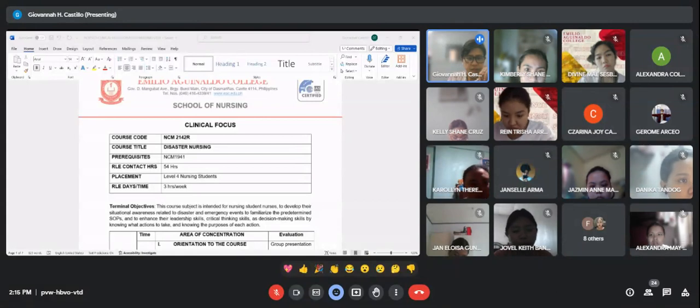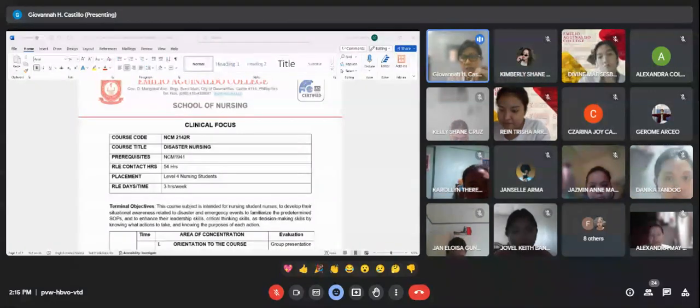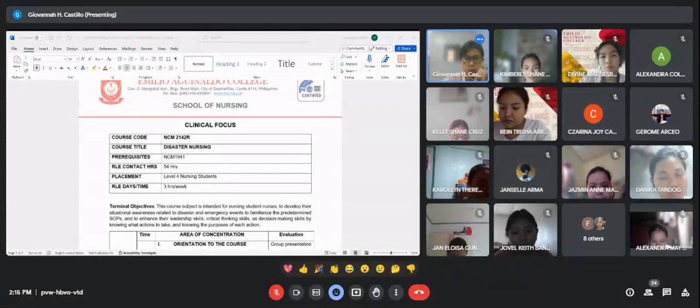So, this is 54 contact hours natin, RLE. And this will be inside the skills laboratory, pwede siya gawin, or outside the skills laboratory, pwede siya sa field. Kasi ang focus nito, you're going to learn to manage disasters or any emergency events, that you are going to provide an immediate care, for example.